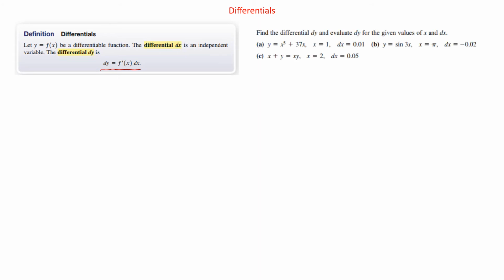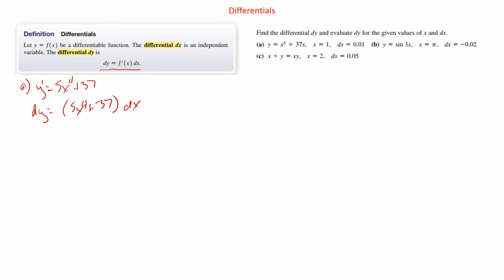So if we wanted to find the differentials dy and evaluate dy for the given value of x and dx, so like for a, we have y equals x to the 5th plus 37x. So y prime would be 5x to the 4th plus 37. So what this says is that dy equals 5x to the fourth plus 37 times dx.